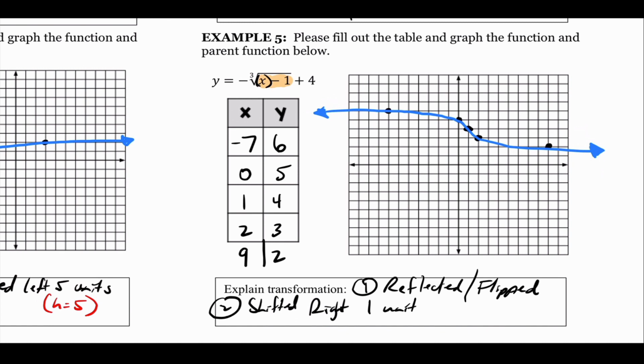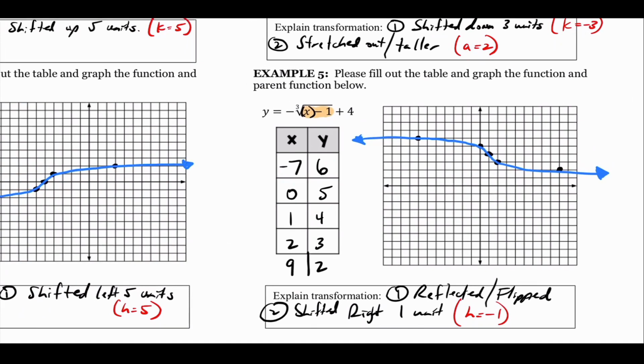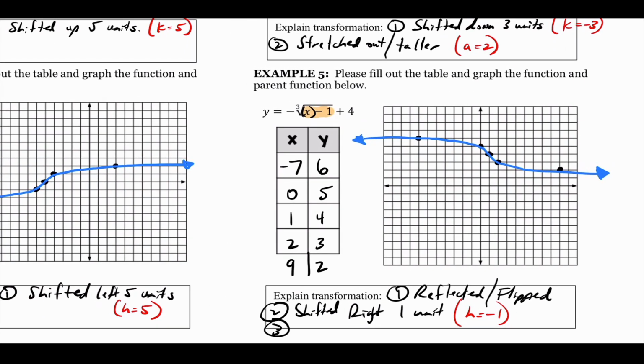We know that because h is -1. 1 more. Shifted up 4 units. And that's because K was +4.